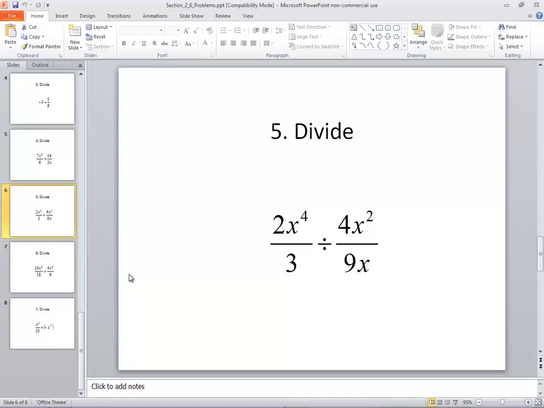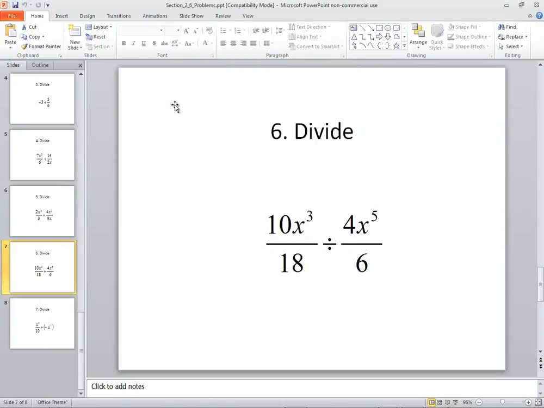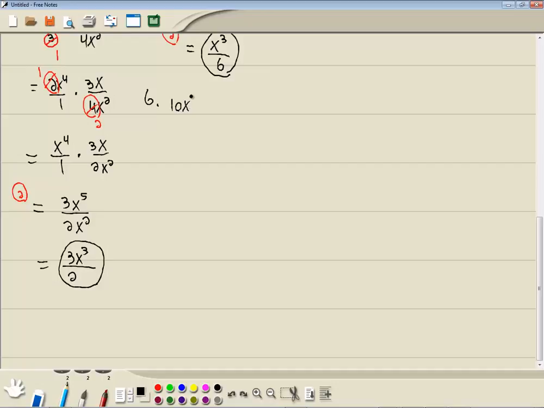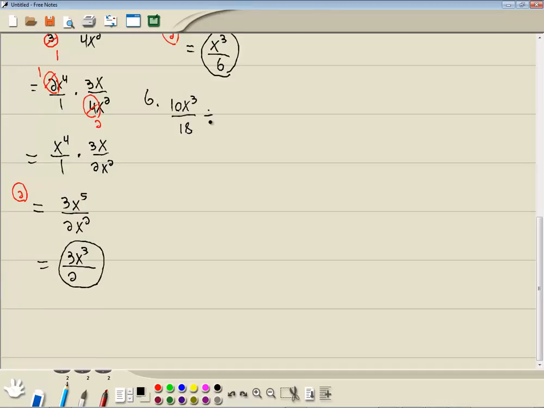Let's look at this problem. We've got 10x to the 3rd over 18 divided by 4x to the 5th over 6. Again, we never work with division, so we're going to rewrite it as multiplication immediately. So we've got 10x to the third over 18 times 6 over 4x to the fifth.